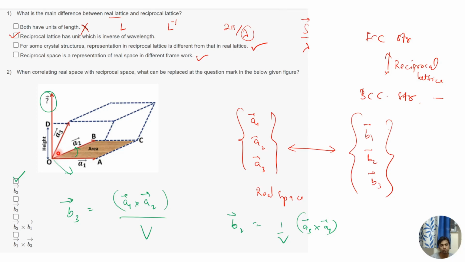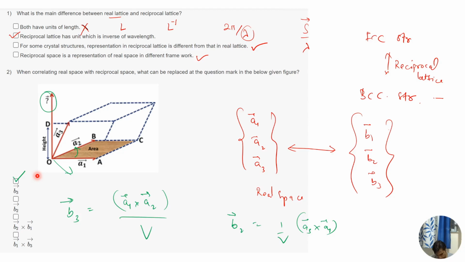But the point to note here is that this direction is perpendicular to the parallelogram OACB formed by a1 and a2. So if you take a cross product of a1 and a2, it will come along this direction, right? And it is the b3 vector which is along the direction of a1 cross a2. Correct. So it is b3.